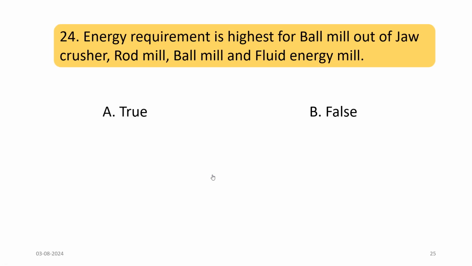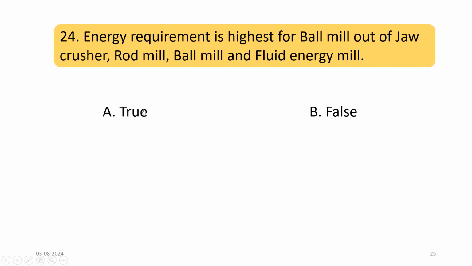Okay. Next, energy requirement is highest for ball mill out of jaw crusher, rod mill, ball mill, and fluid energy mill. Which one is true? Is it true or false? Among jaw crusher, rod mill, ball mill, and fluid energy, which equipment needs highest energy? I don't know.